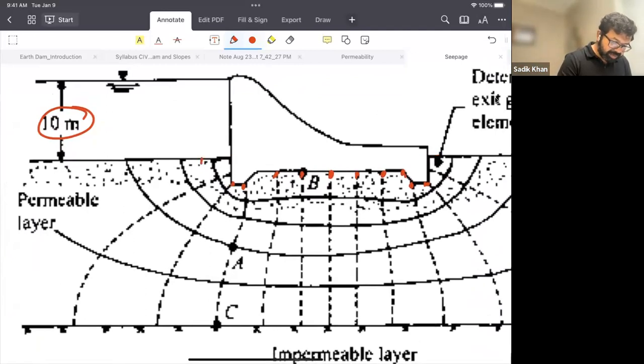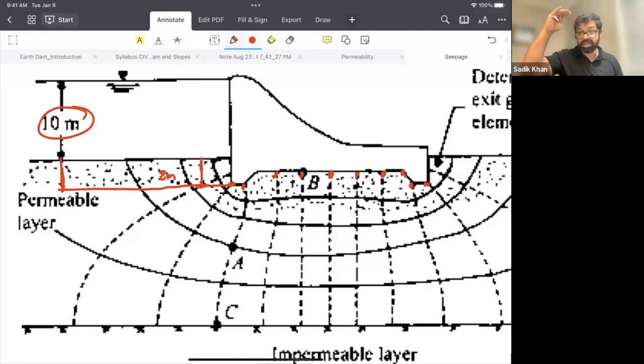So there is a height drop, right? At this point your total height is 10 plus this height. And then you have a drop. Let's say this height is 1 meter or 2 meter. So at this point your total potential height is 12 meter, and within that 12 meter you have 1 or 2 drops.